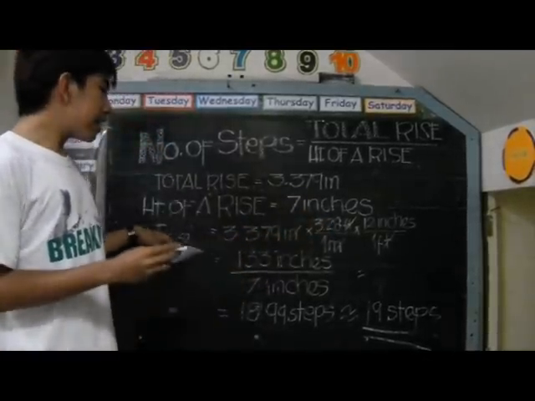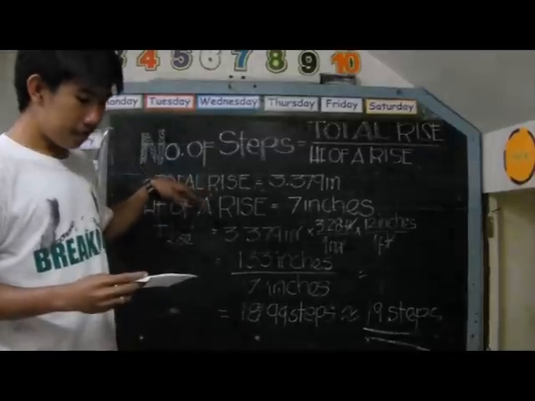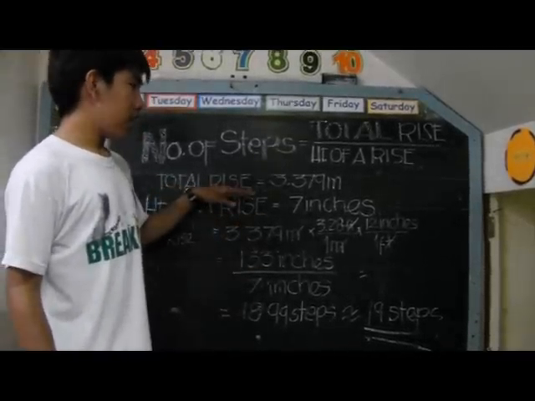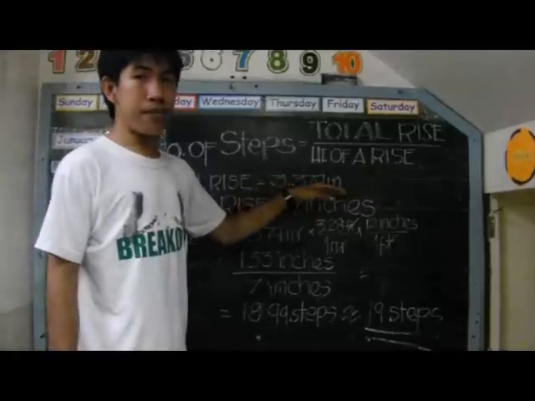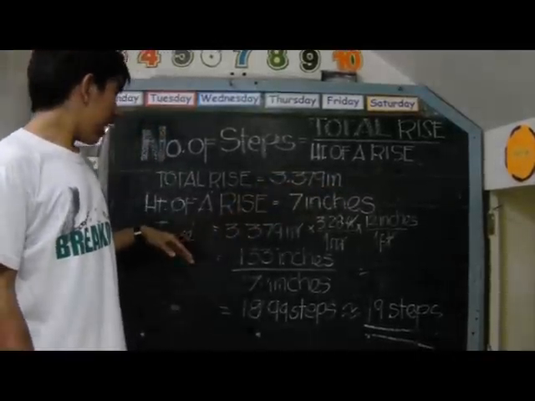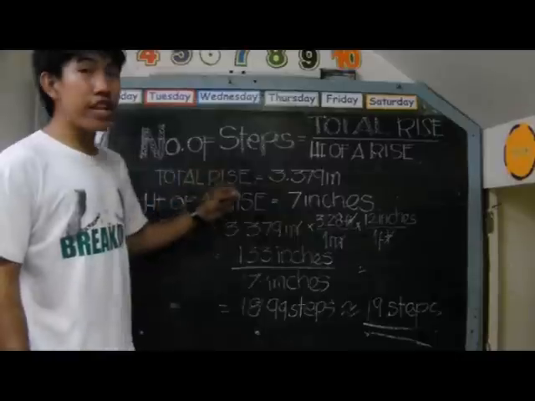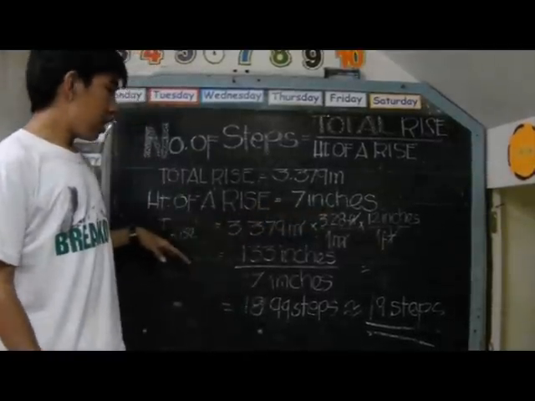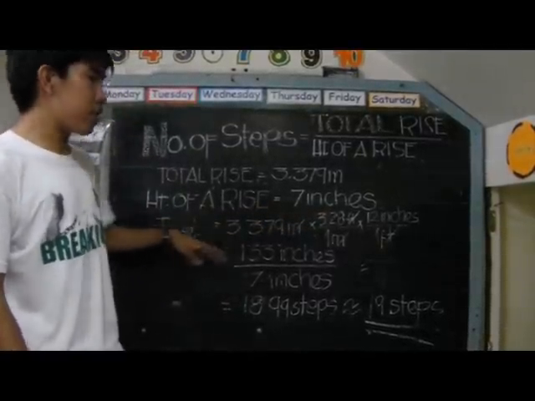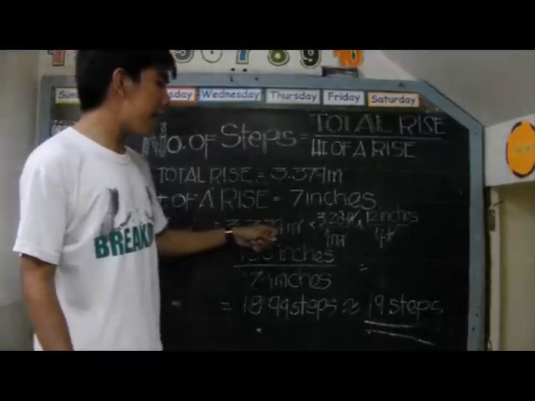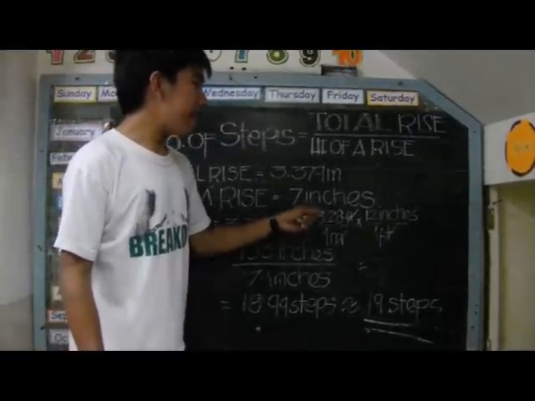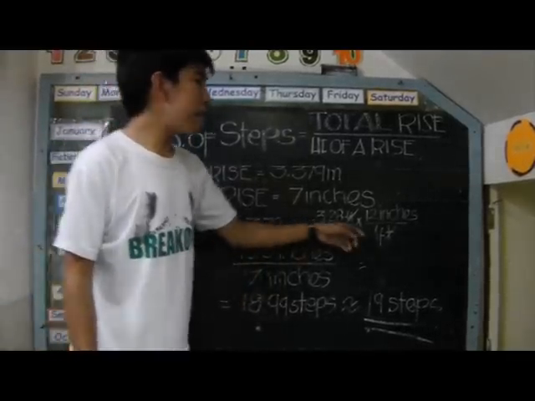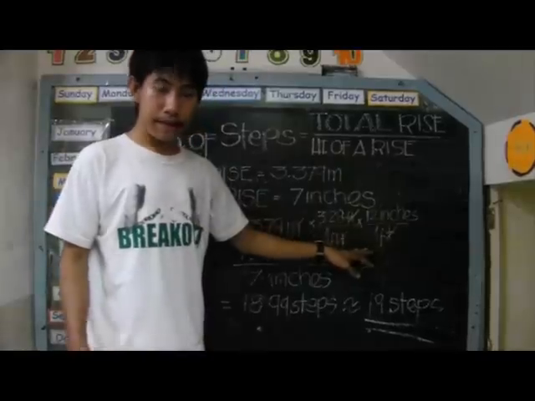And to find the steps of the stairs, you must first convert the total rise, 3.379 meters, to inches, because the unit of the height of a rise is inches. This is the computation to convert the total rise into inches. 3.379 meters multiplied by 3.28 feet over 1 meter multiplied by 12 inches over 1 foot.